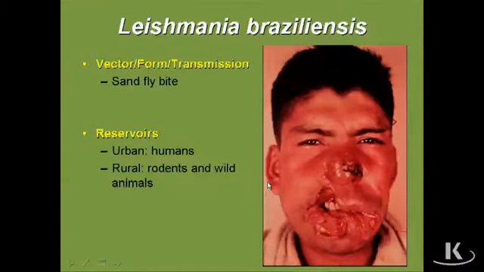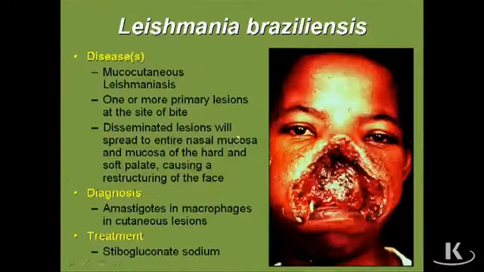This is another image of mucocutaneous leishmaniasis, where you have one or more primary lesions at the site of the bite and then they disseminate, again completely restructuring the hard and soft palate. Diagnosis, just like for the others, you're going to look for the amastigotes, and the treatment is with sodium stibogluconate, again, as your drug of choice.